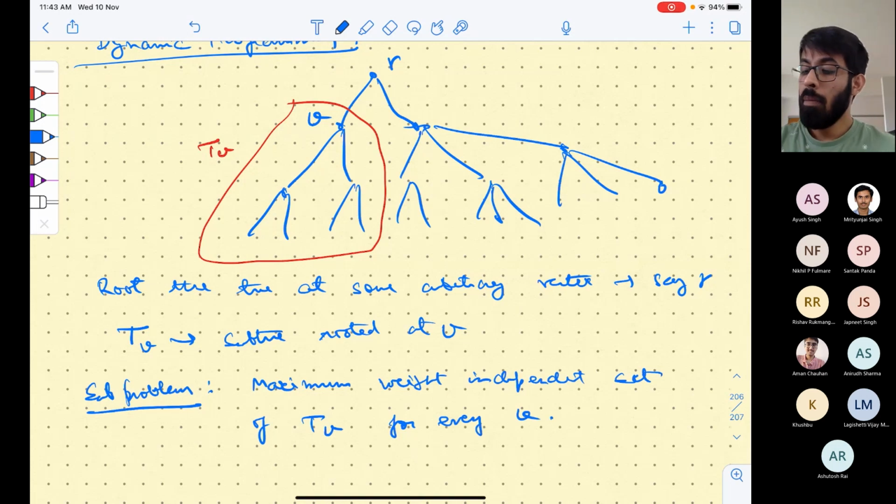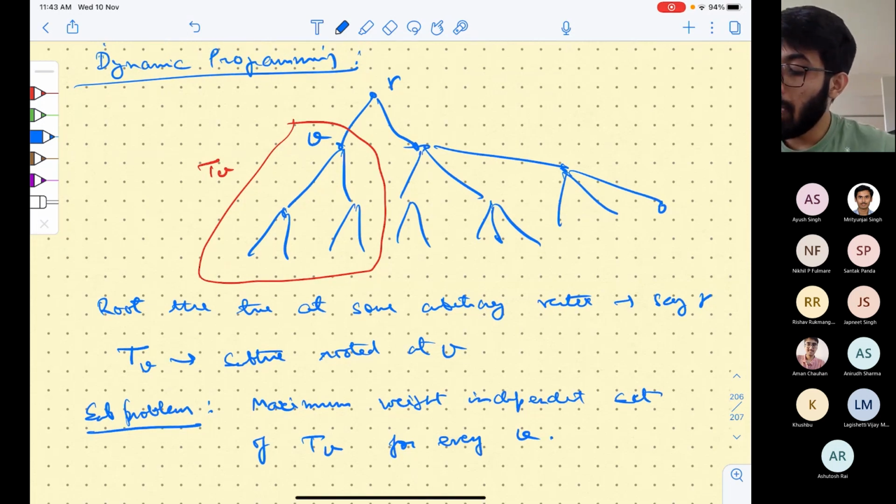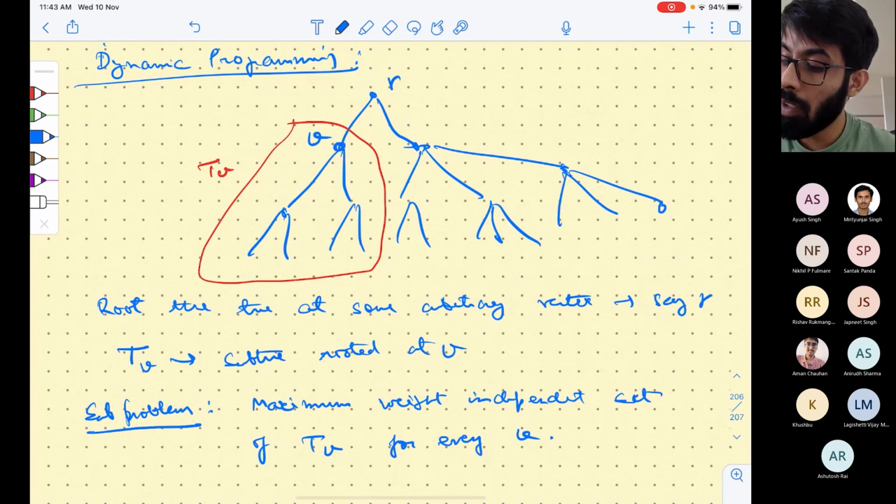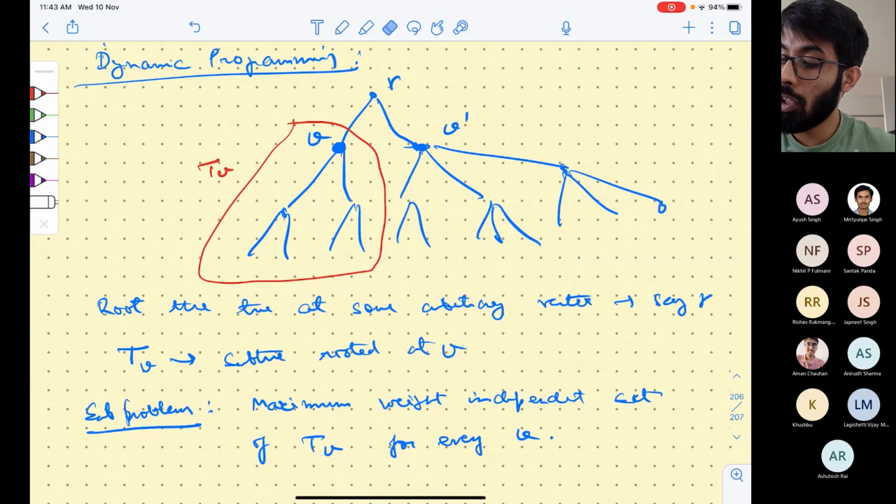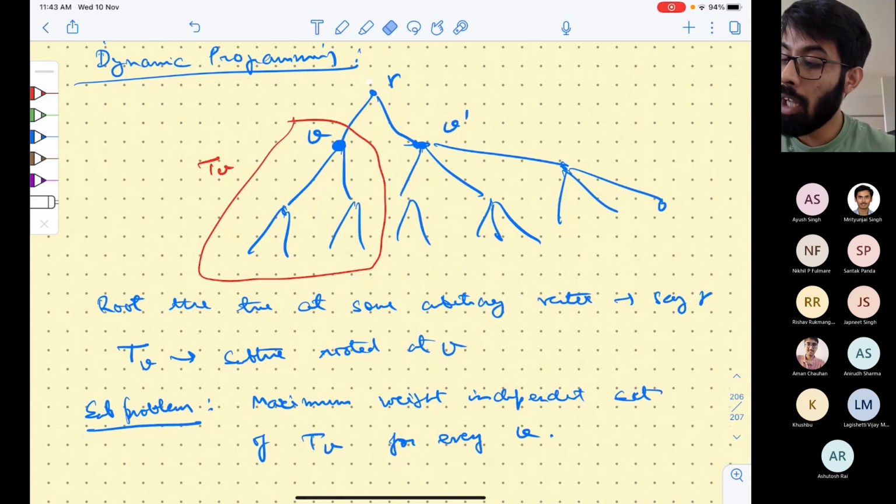But even if we compute the maximum weight independent set for T_V for every V, suppose this one contains V, and suppose this is V prime. This one does not contain V prime. Then we don't know, maybe there was another independent set which does not include V, but now we can include R because of that.